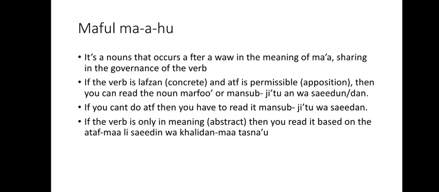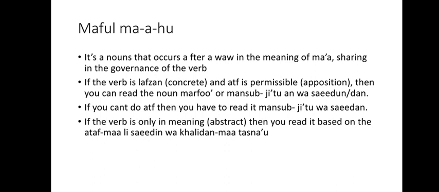So it means that there's a word which comes after a verb, and usually this word is either a maf'ul bihi or a fa'il. And after this noun, you could say, for example, ja'a al bardu, the cold came. That's a fa'il.